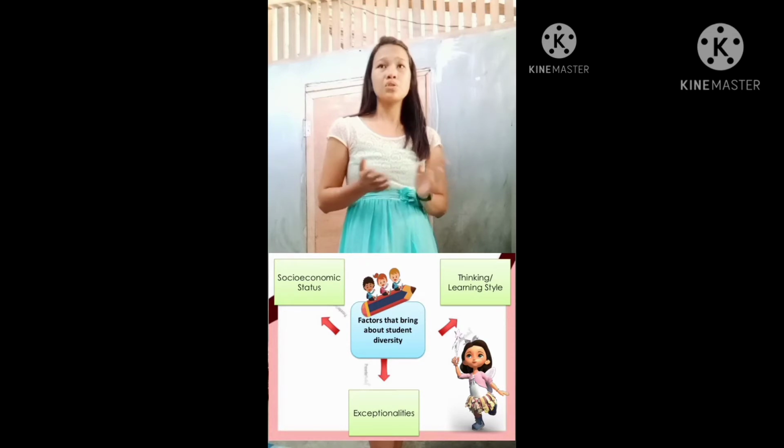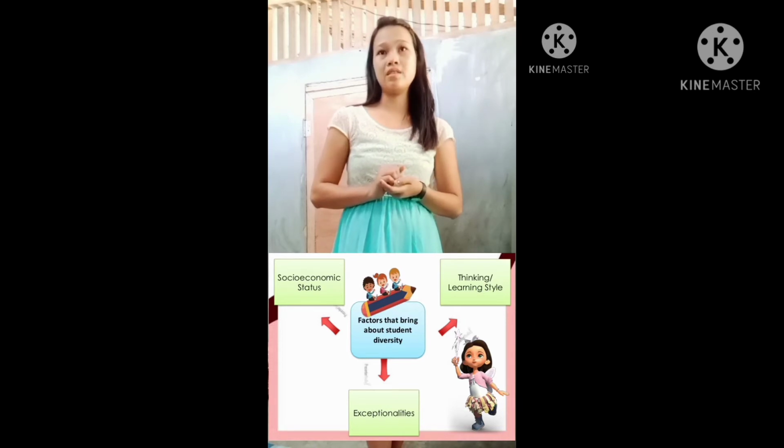In all learning environments, individuals interact with others who are in some way different from them, and that's what we call diversity. This diversity also comes from other factors like socioeconomic status, thinking and learning style, and exceptionalities.